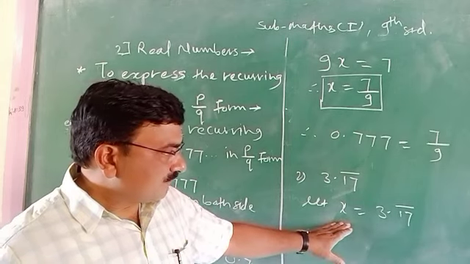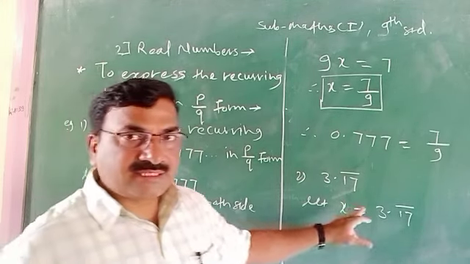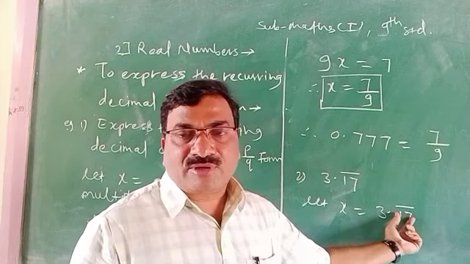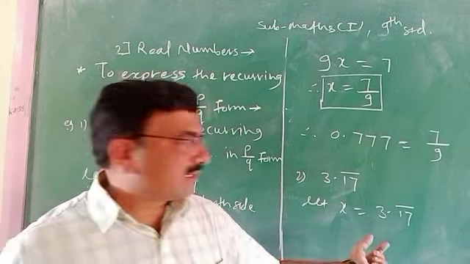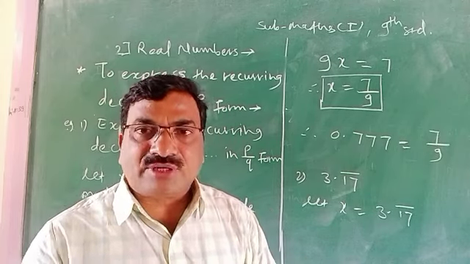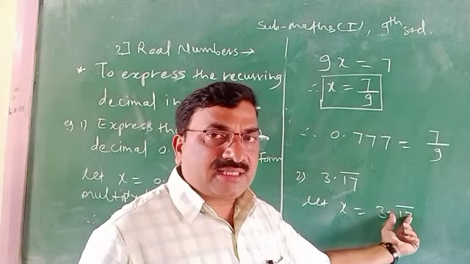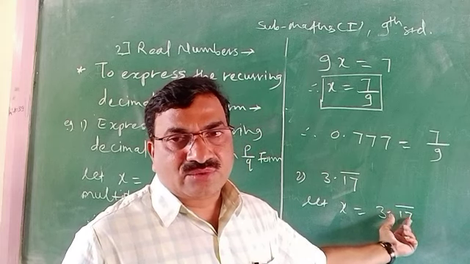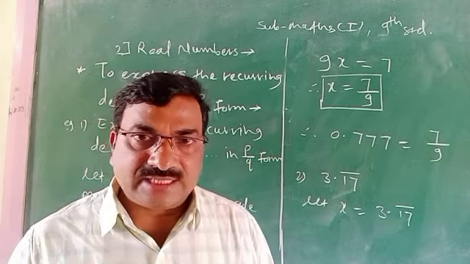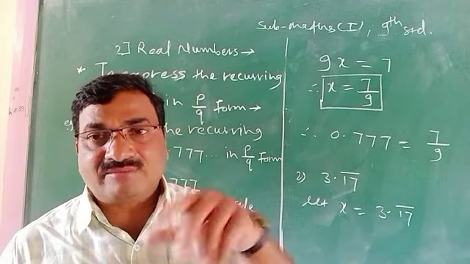Then again, multiply this number by which number? After the decimal point there is a two-digit group, 0.17, 0.17, 0.17, that group comes again and again. That is a two-digit number, so we multiply by 100. Suppose there is only one digit, by 10.